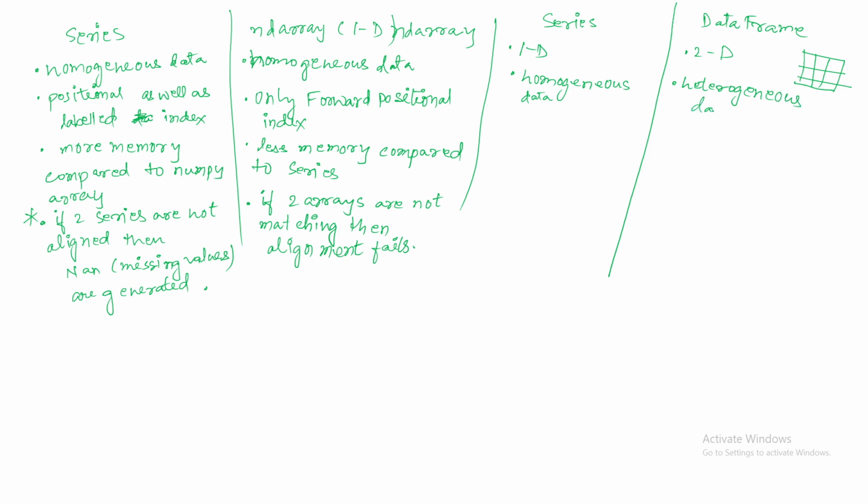Heterogeneous data means different data types it will accept also. Now, value is mutable. Here value is mutable.